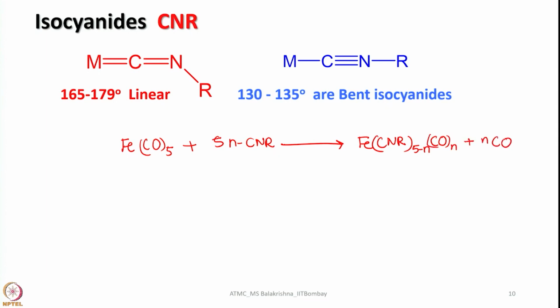That means by choosing appropriate reaction conditions, one can substitute all carbon monoxide on a metal center to form homoleptic isocyanide complexes.